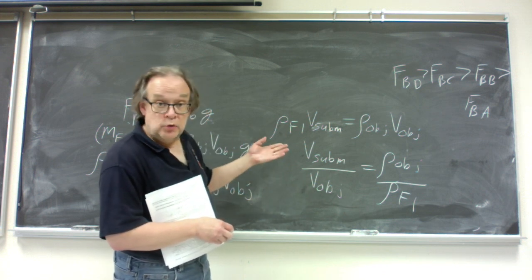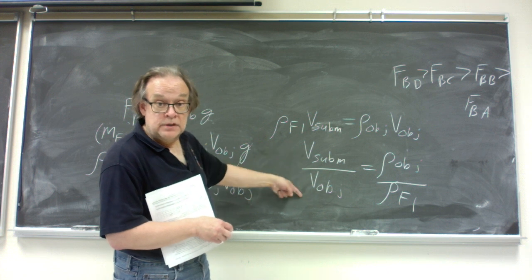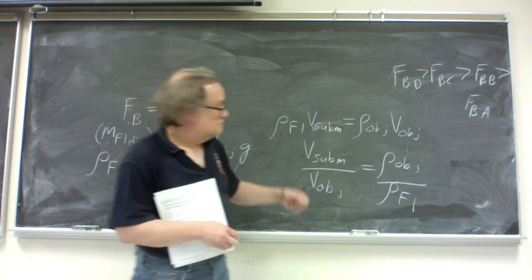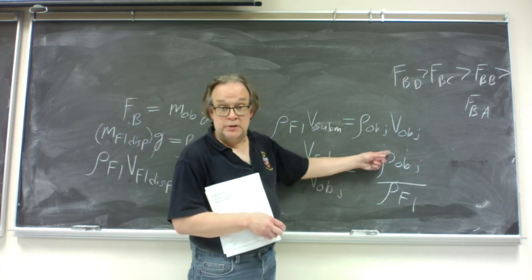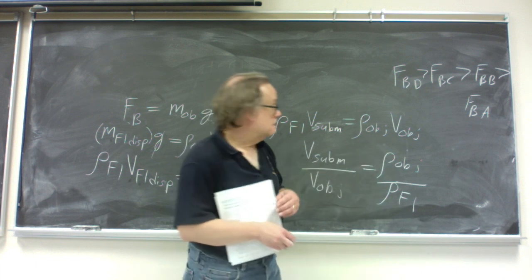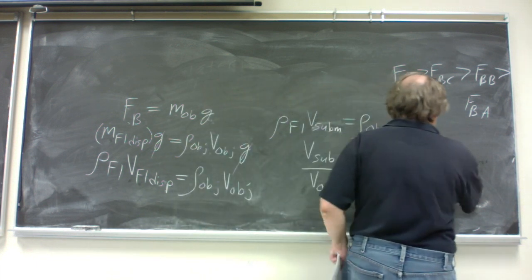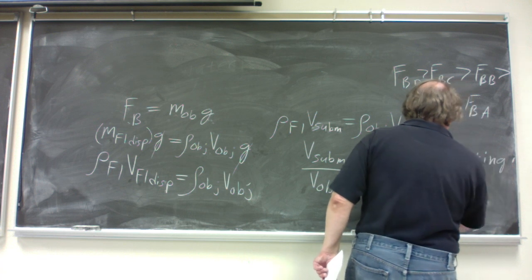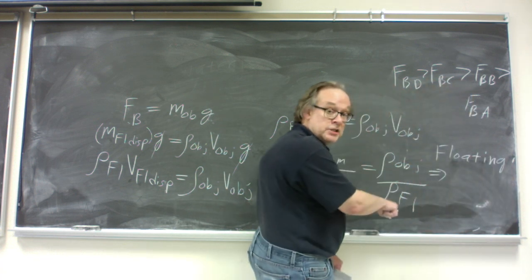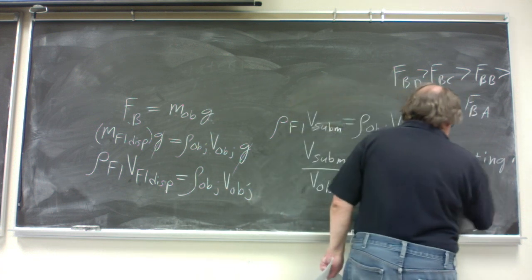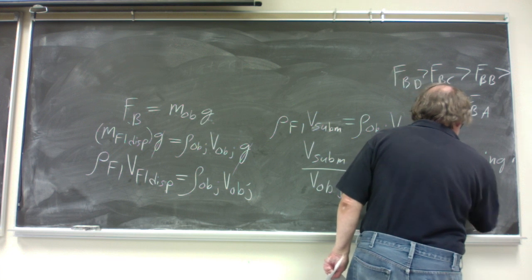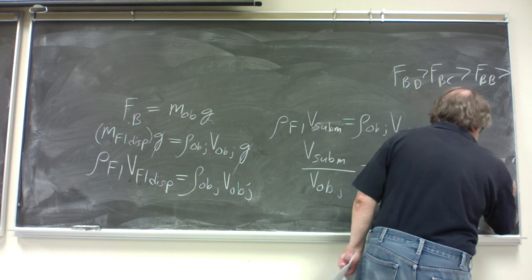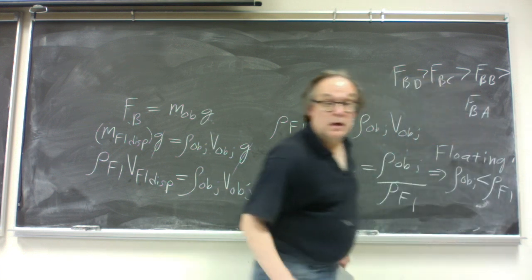So if there's floating, this fraction is less than 1, which means the density of the object must be less than the density of the fluid.